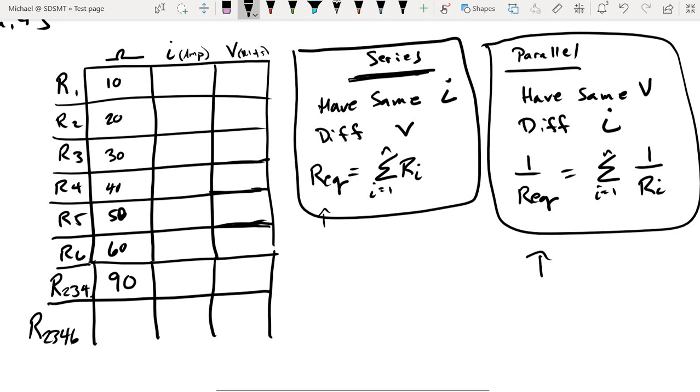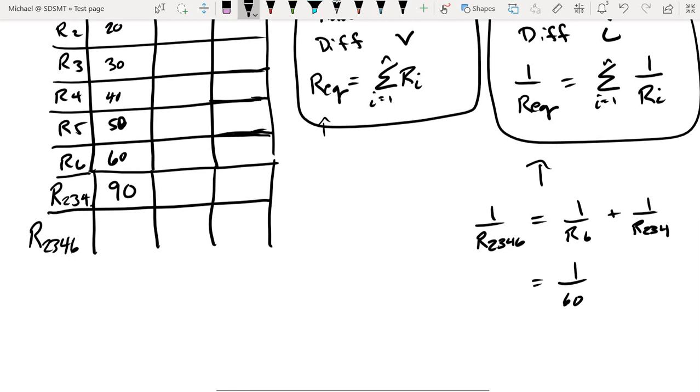And I will go ahead and actually write this information out. So resistor 2346 is the new equivalent resistor that I want, and I get that by taking the inverse summation of the other two resistors.